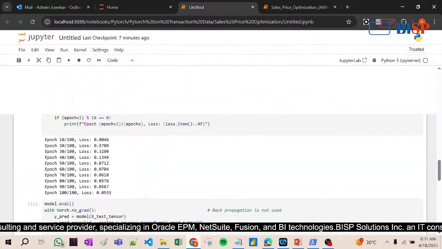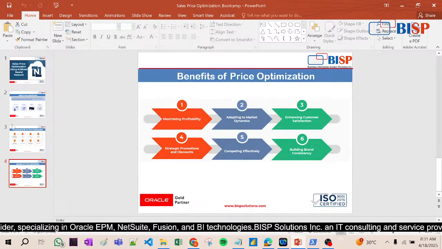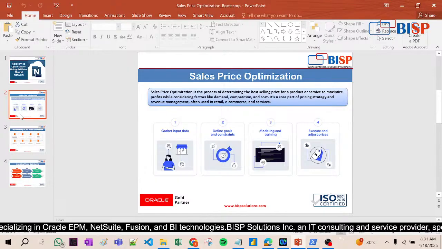So let's have a quick recap again. First of all, you need to understand exactly what sales price optimization means: optimizing the price. For example, in some cities in India, a trade fair is conducted. You might have heard about this.